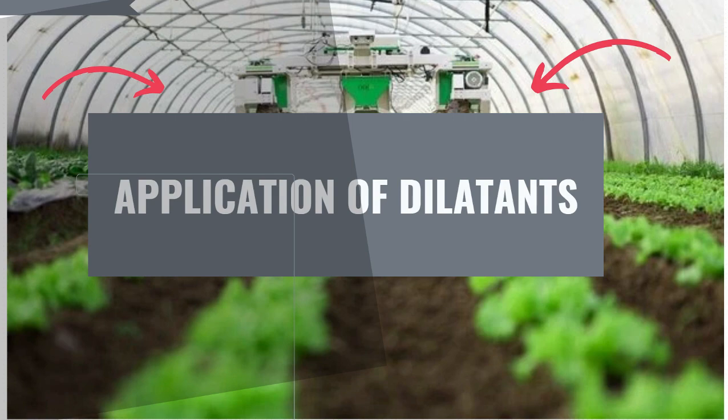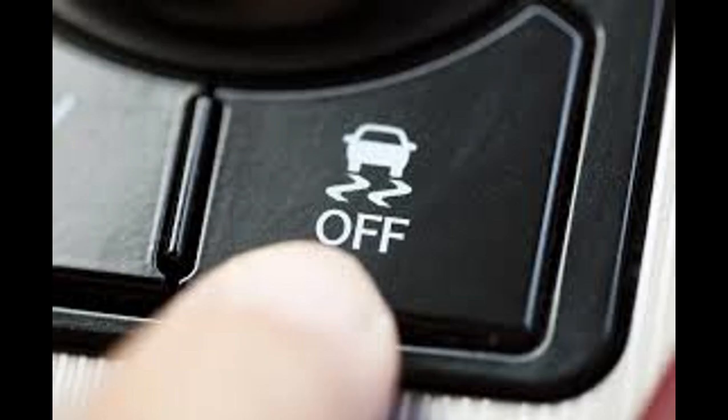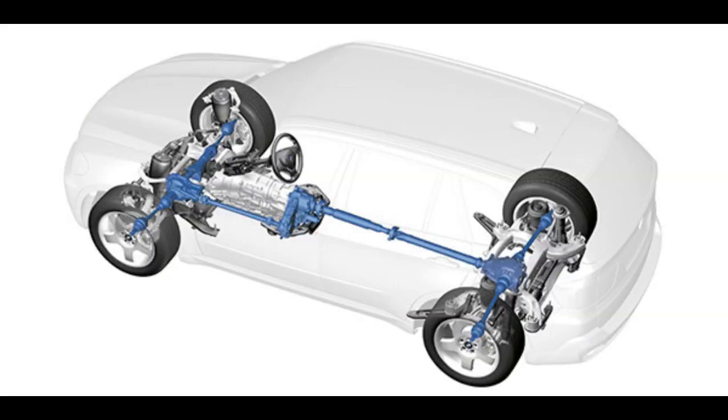Applications of dilatants: traction control. Dilatant materials have certain industrial uses due to their shear thickening behavior. For example, some all-wheel drive systems use a viscous coupling unit full of dilatant fluid to provide power transfer between front and rear wheels.